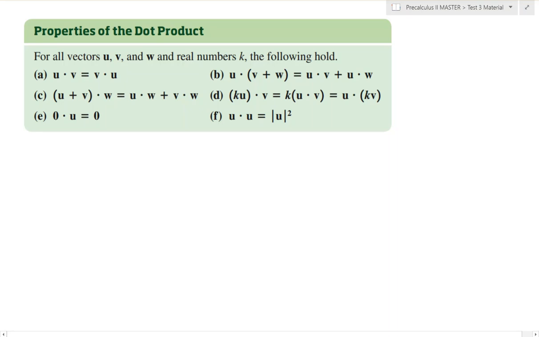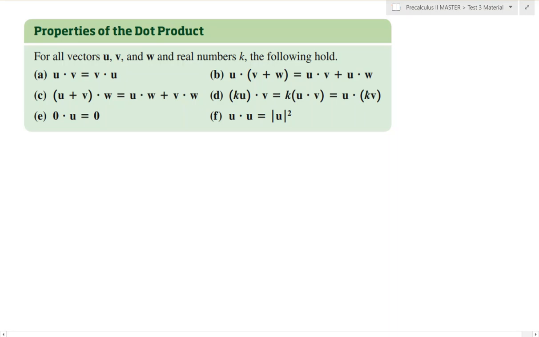Part D of this list of properties shows that if you have k, which is a constant, times the u vector times the v vector, you can pull the constant out front and then multiply the u times the v. And then it's also the same as if you would multiply u times the constant times the v.